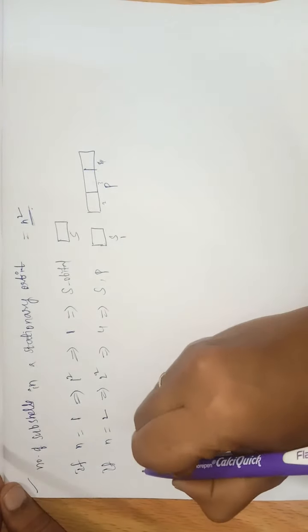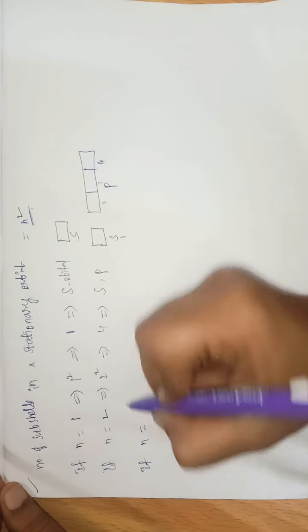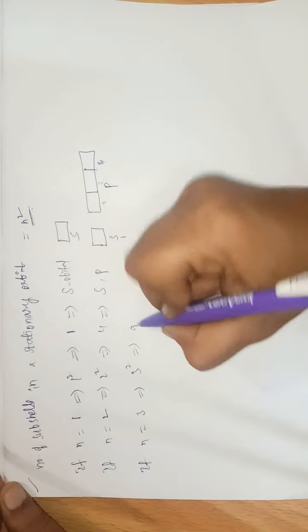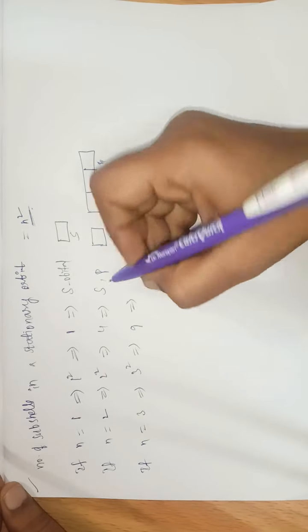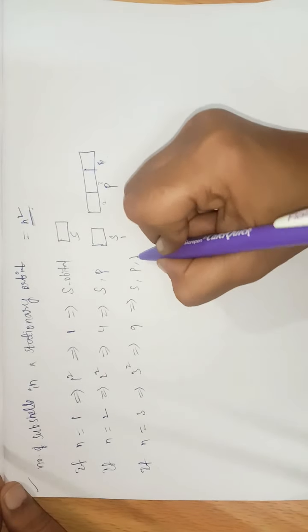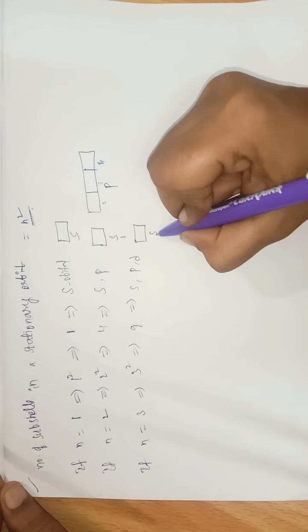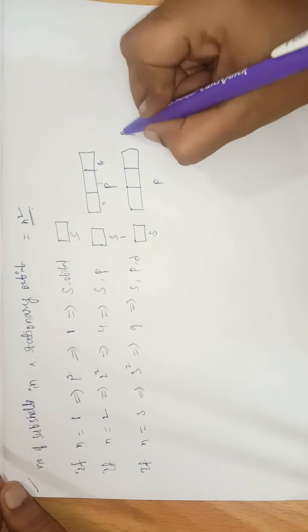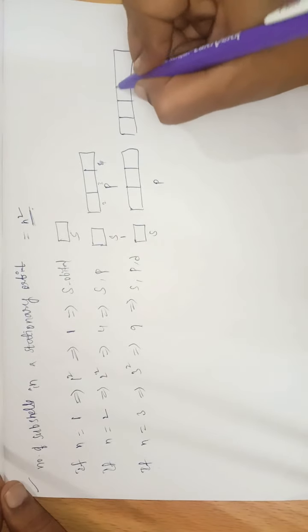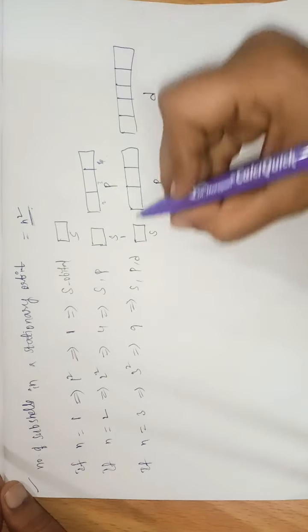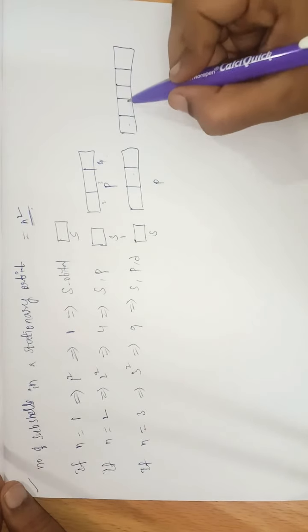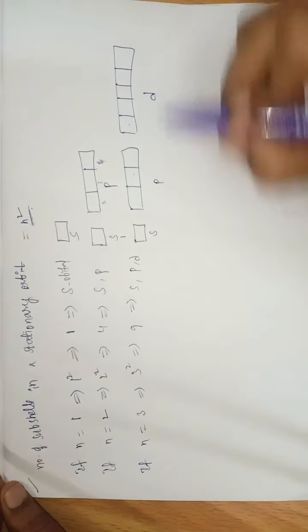And if n equals 3, then 3 square is equal to 9, that means s, p and d, 1, 2, 3, 4, 5. You can count 1, 2, 3, 4, 5, 6, 7, 8, 9.